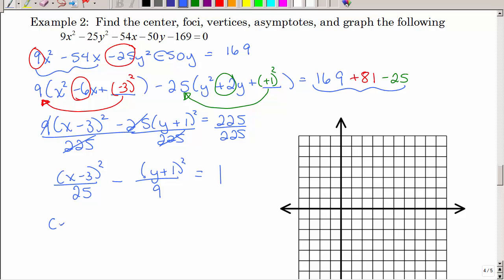All right, so what's my center? Remember h, k, so I have positive 3, negative 1. The square root of 25 is plus or minus 5, and it's underneath x, so I'm going to go out 5 from the center.